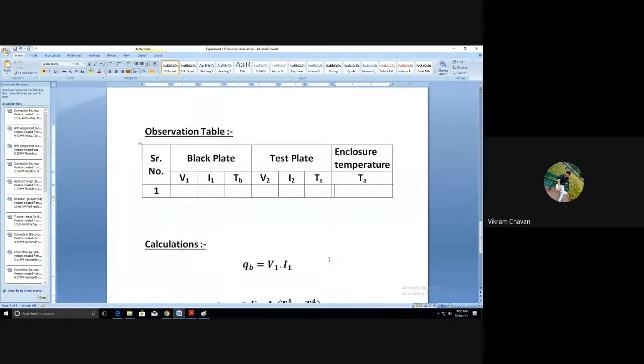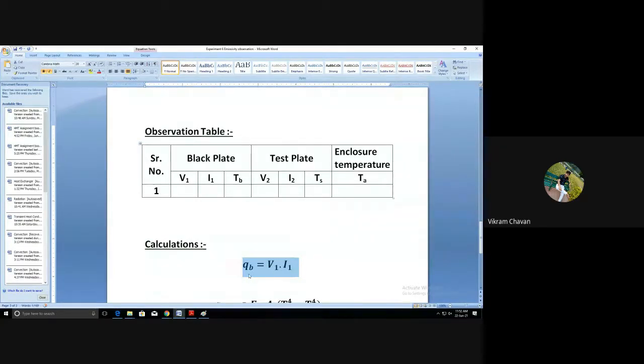Okay, so for calculation purposes, first of all, we have to calculate the heat supply. Heat input to the black plate will be calculated as the voltage input for heater 1, or the black plate heater, multiplied by the current input to that particular black plate heater.